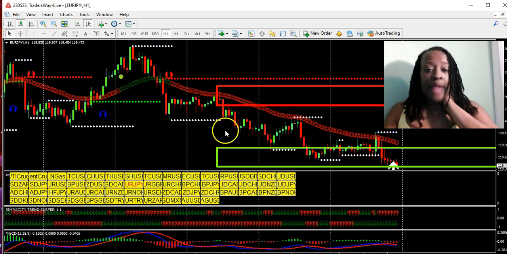Now, the reason why I have my triple arrow support resistance dots here is because what I have found, based on the settings that I have for the simplicity, is that the support and resistance dots are more in alignment with my fib levels, which is great.